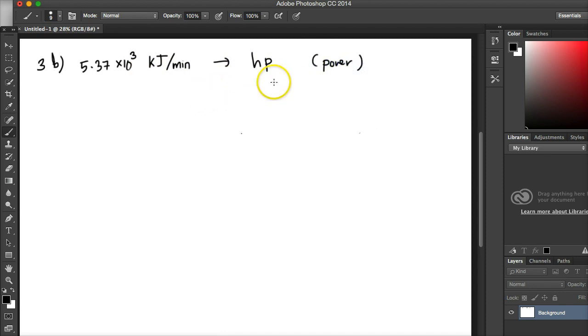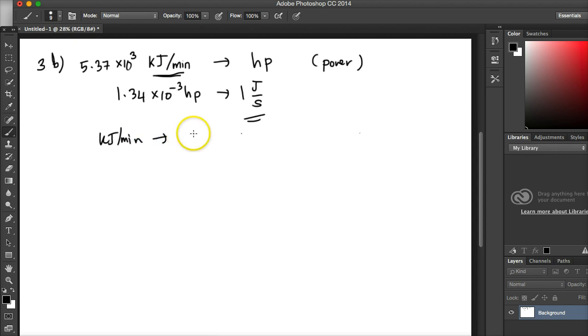So the conversion factor for HP is 1.34 times 10 to the power of negative 3 HP is equal to 1 joule per second. So we need to convert kilojoule per minute to joule per second in order to convert the value to HP. So let's convert kilojoule per minute to joule per second first.